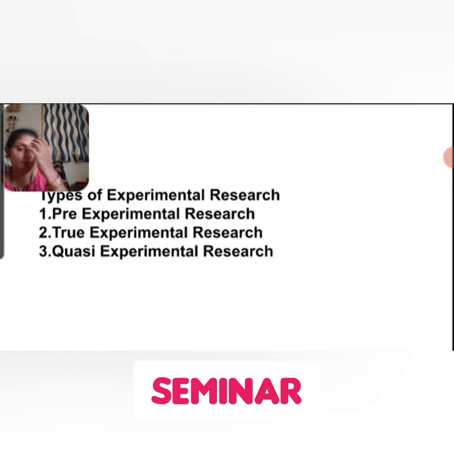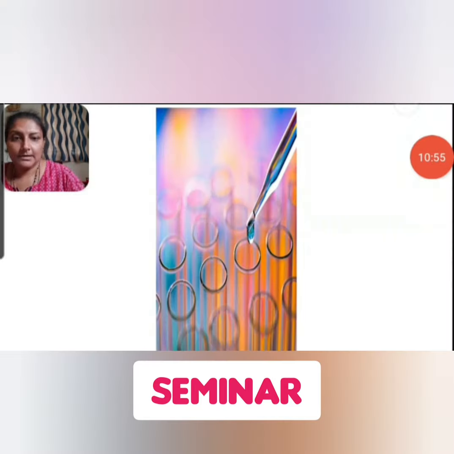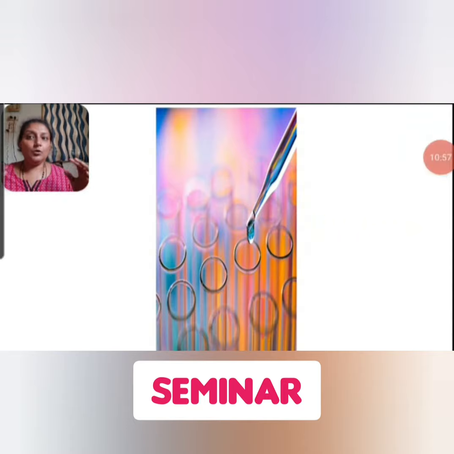True experimental research design relies on statistical analysis to prove or disprove a hypothesis, making it the most accurate of the types of experimental design. Only true design can establish a cause and effect relationship within a group.